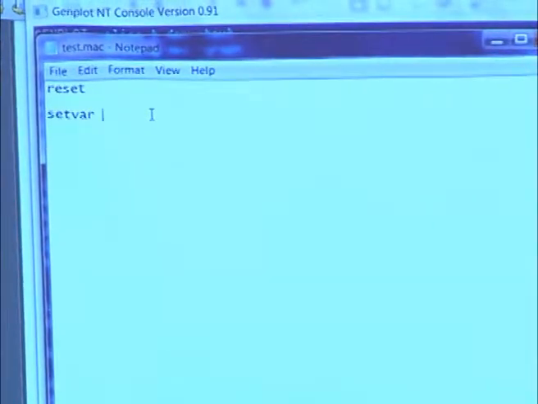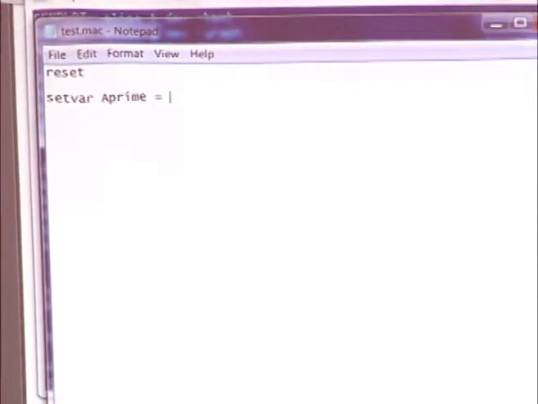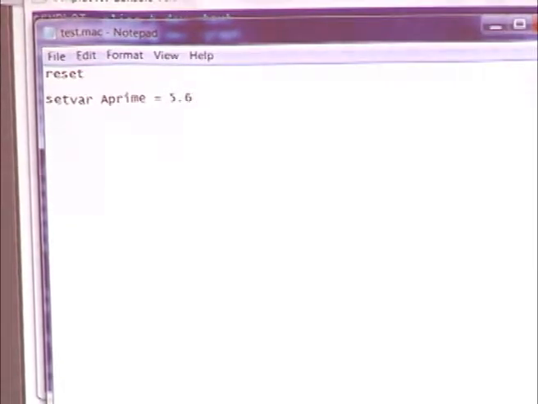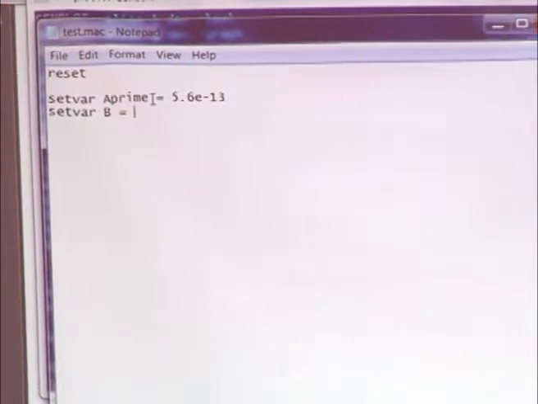So if I was doing this, I don't know if you can do this in MATLAB or Excel. I know you can do it kind of, but I'm just going to set a variable A prime equal to 5.6 times 10 to the minus 13. Then in Excel, you would just have some cell that had that number in it. Set variable B equal to 6.9 times 10 to the minus 4.